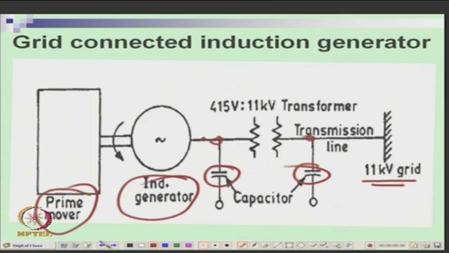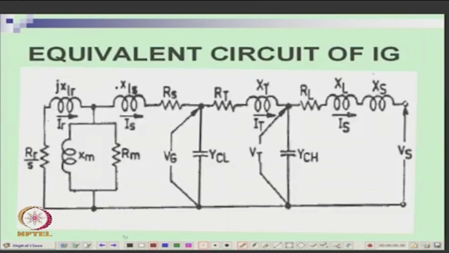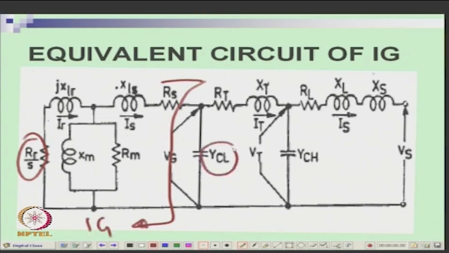So, for analyzing this, not just the equivalent circuit, you must take the system parameters. System parameters are the capacitors, transformer impedances and transmission line impedances. They will all come into the picture. If you want to write an equivalent circuit of the induction generator with all these parameters, your S is negative. This is your generator, with RS, XLS, but then you have the capacitor at the HT and LT side of the transformer.